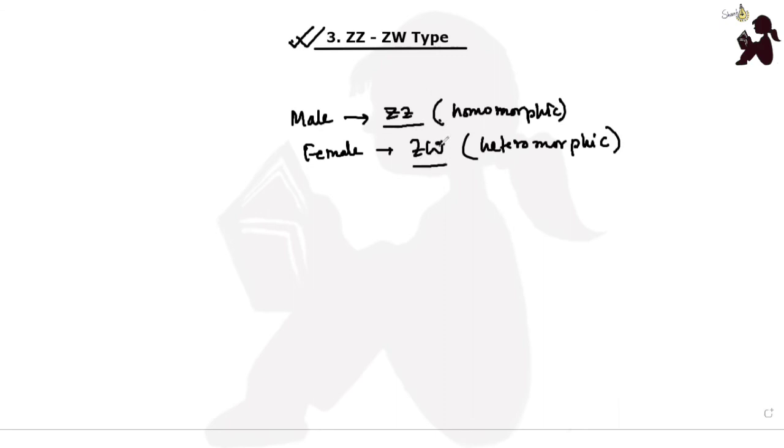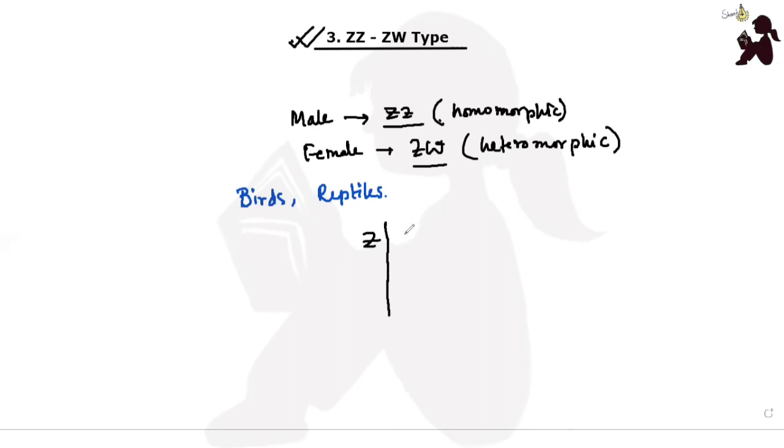Here, in ZZ and ZW, it is just the opposite. Okay, and we can see this kind of sex determination in birds and reptiles. This kind of sex determination will also produce 50% male and 50% female.